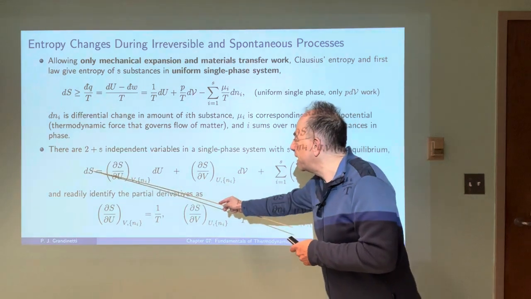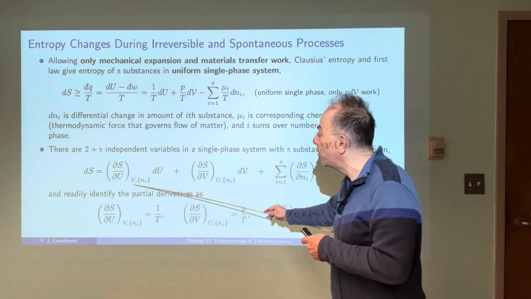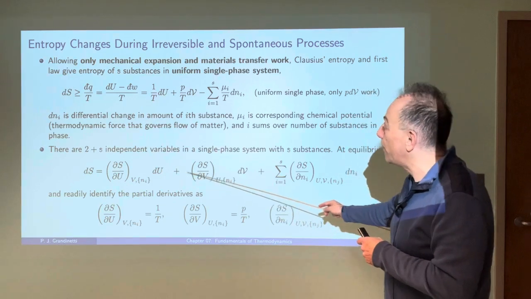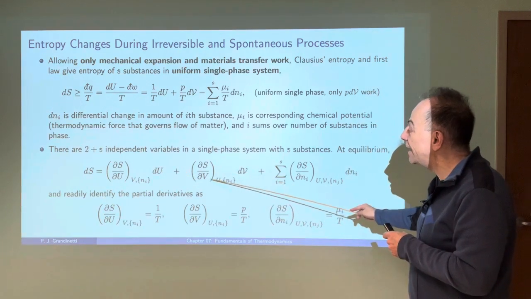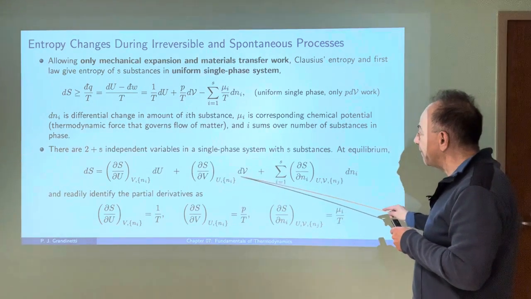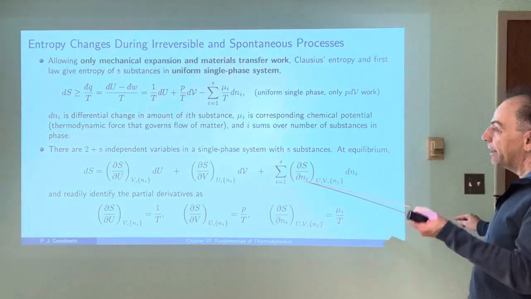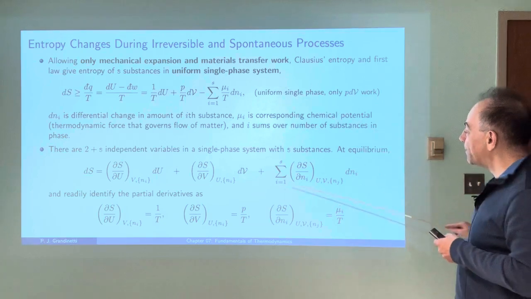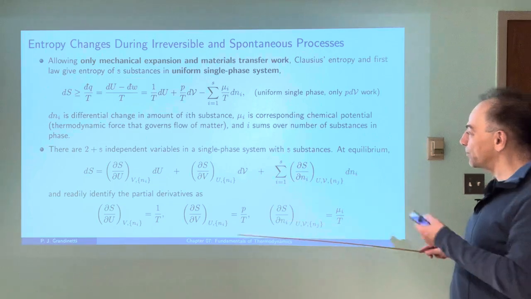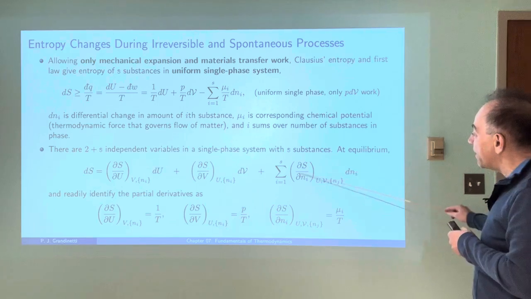So I can write down in a generic form, dS is equal to the partial of S with respect to U with V and all the numbers of moles of all the substances held constant times dU, plus the partial of S with respect to V with energy and the amounts of all the others held constant times dV, plus the sum of the partial of S with respect to each amount of the S substances with U and V held constant and all of the other substances where i is not equal to j held constant, times dN.